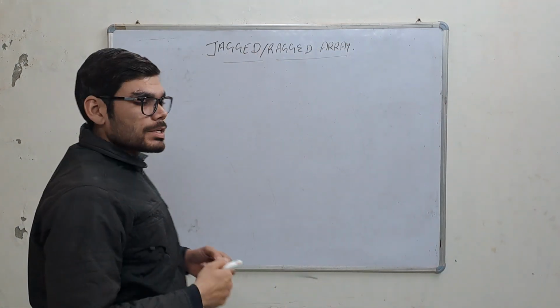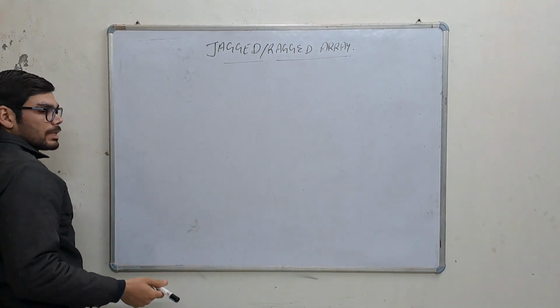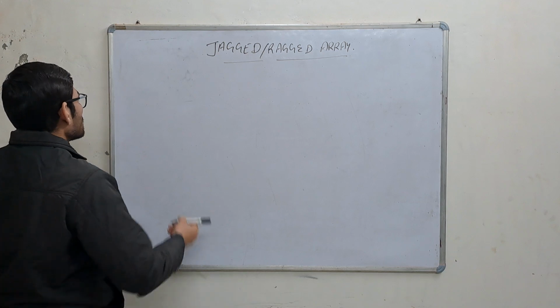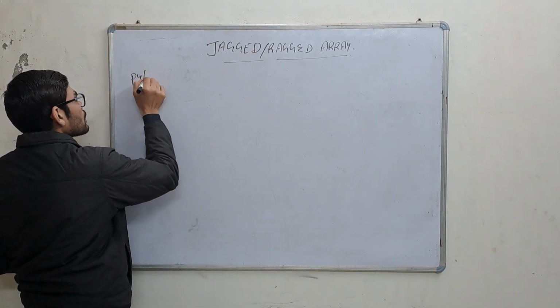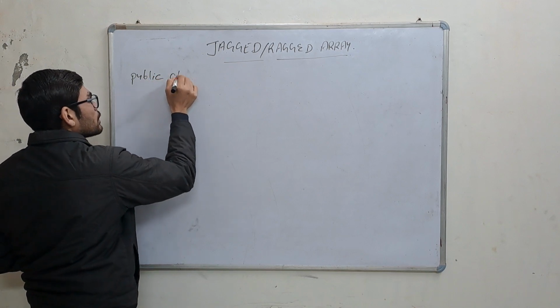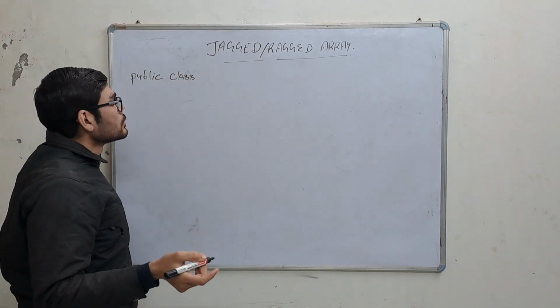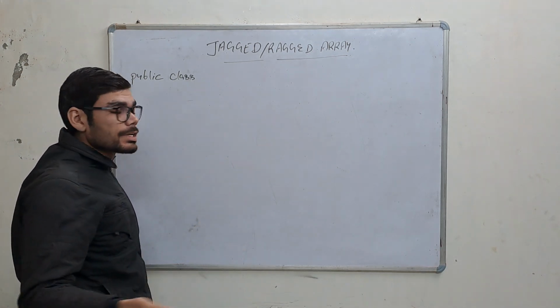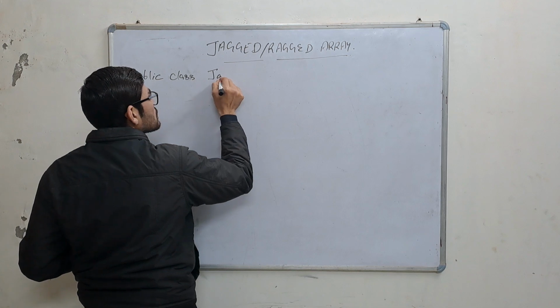So you all know the structure of the Java program. So I am now explaining the structure here. Let's start the code directly. Public class. We took the class name as JaggedArray because we are studying that.